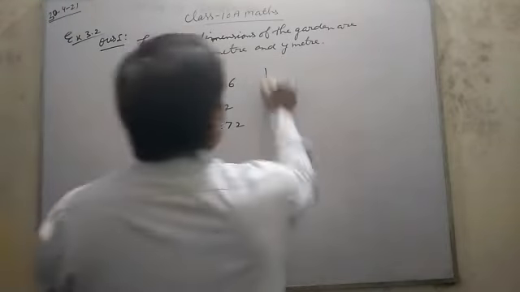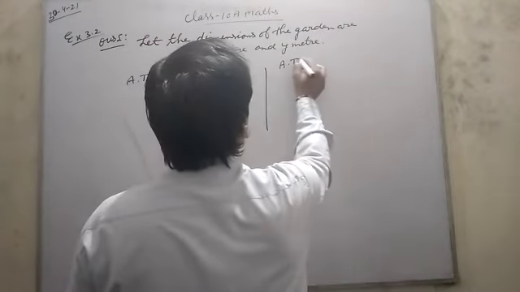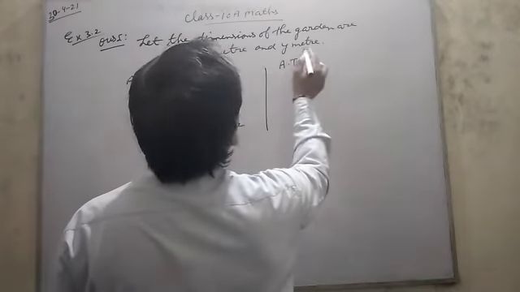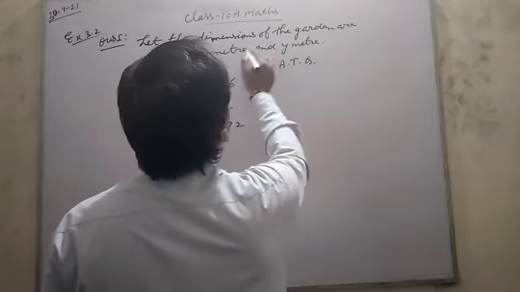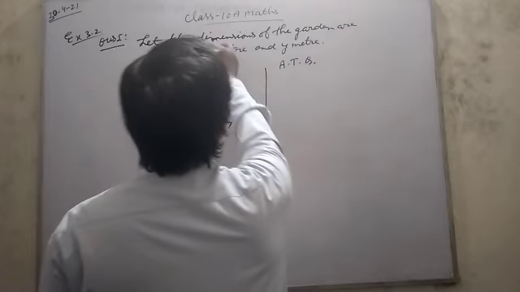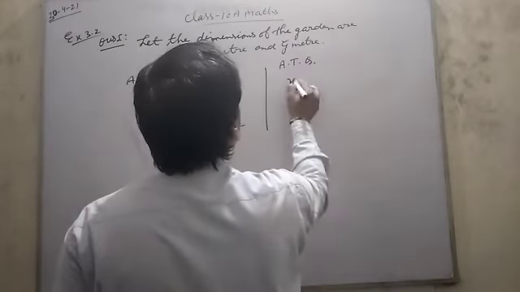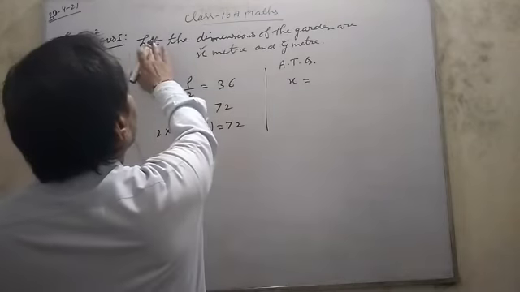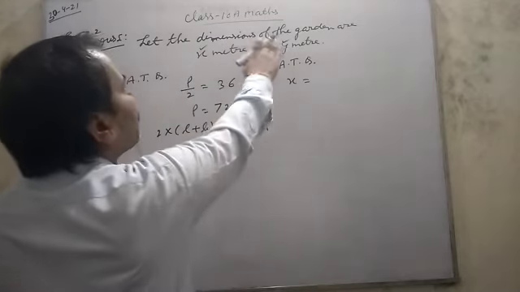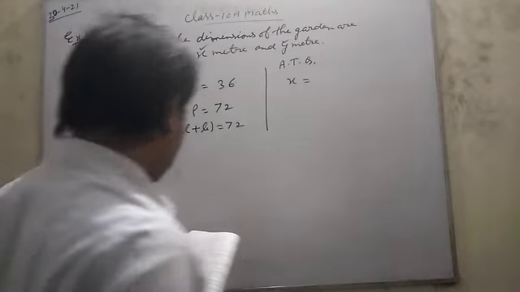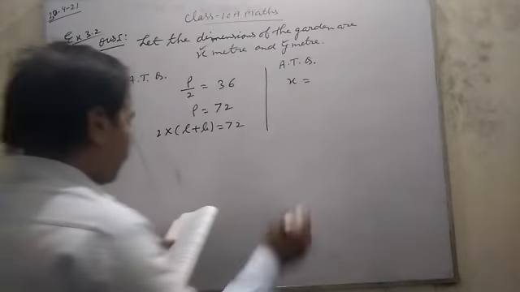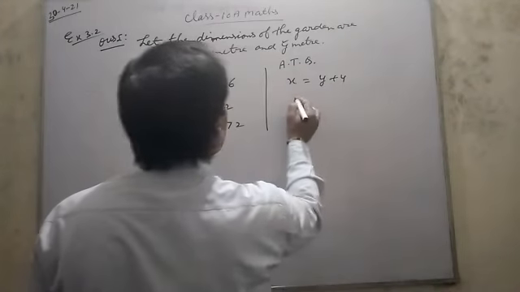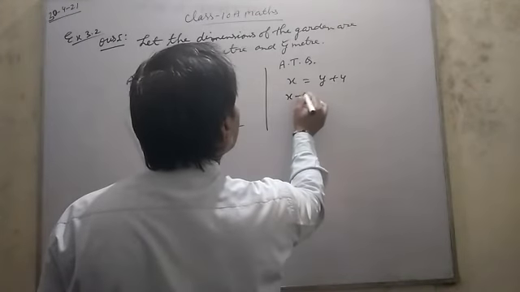And here one more equation: whose length is 4 meter more than its width, means y plus 4. Means x is equal to y plus 4.